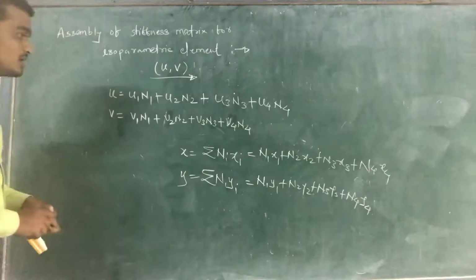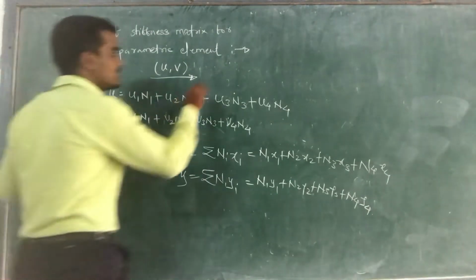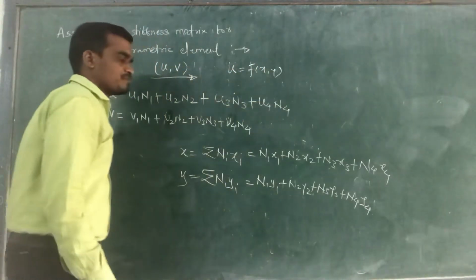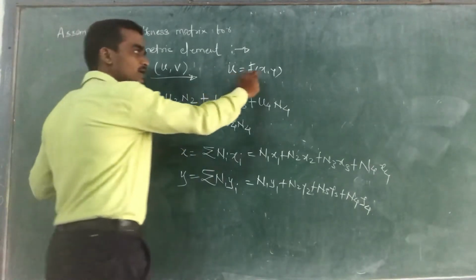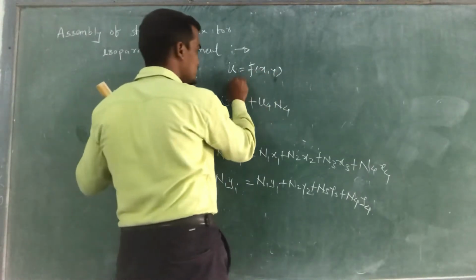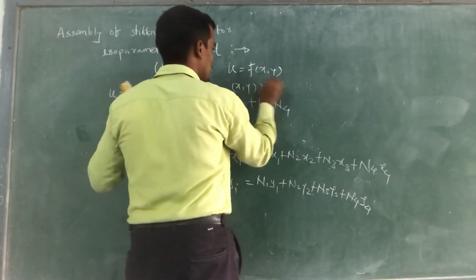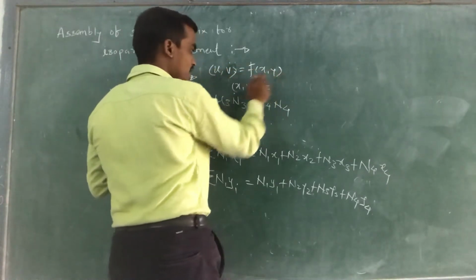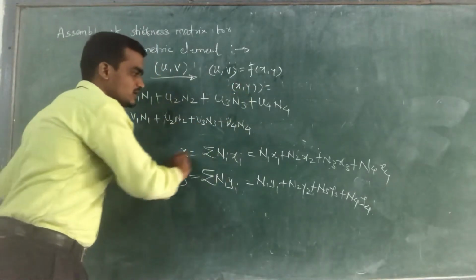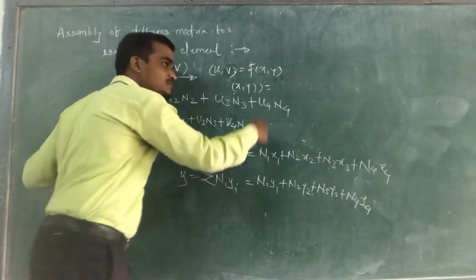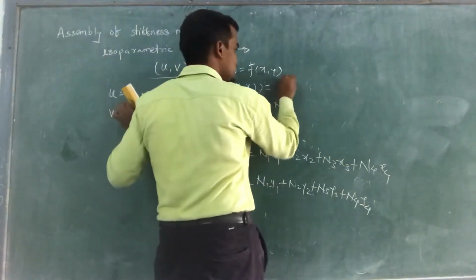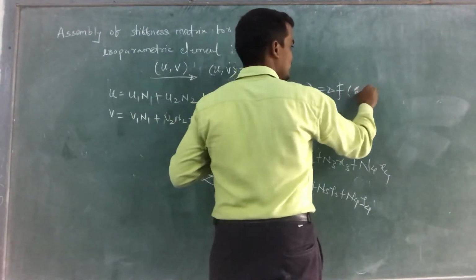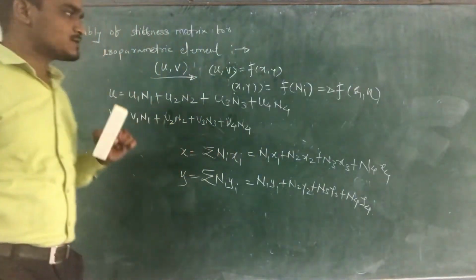So from this we conclude that u is a function of x and y, and x and y are functions of the shape function Ni, but Ni is a function of what? Of zeta and eta.